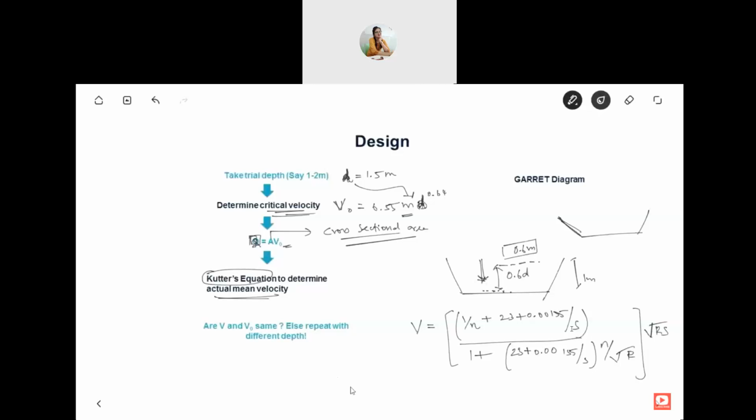R is nothing but the hydraulic mean depth, which is area by perimeter of that channel, and S is slope, as you know. And N is the rugosity coefficient.